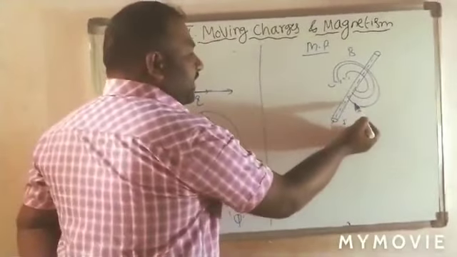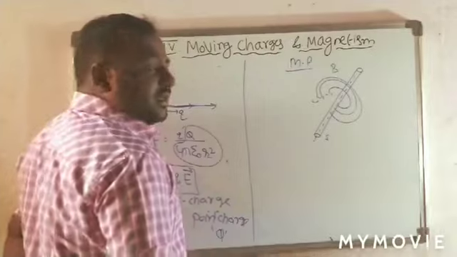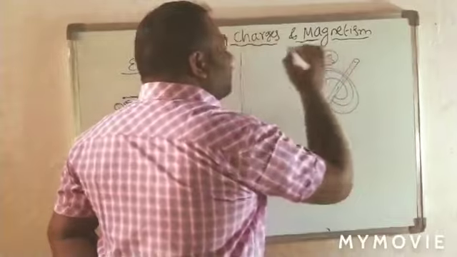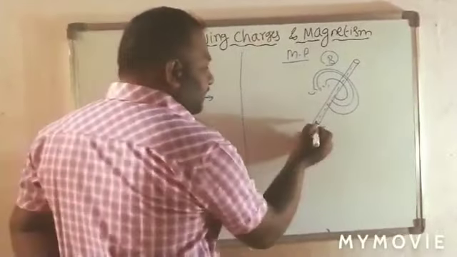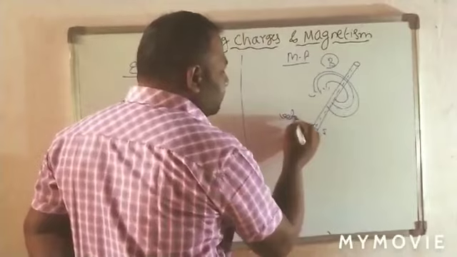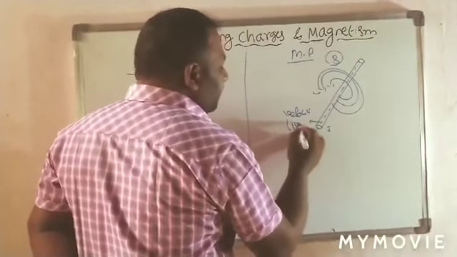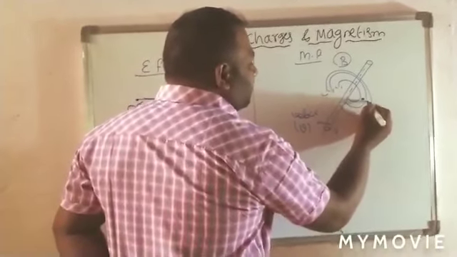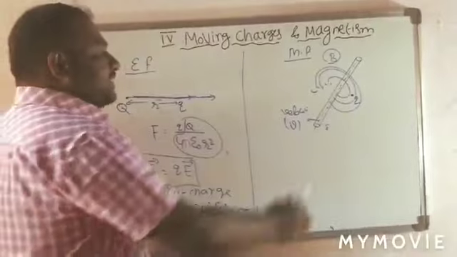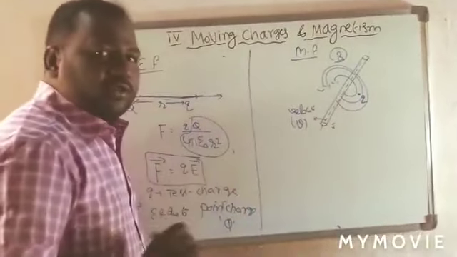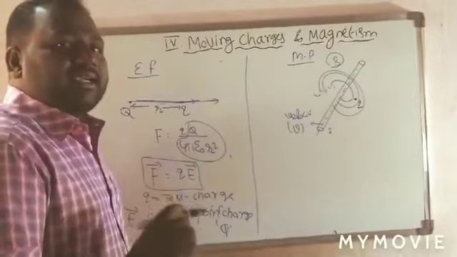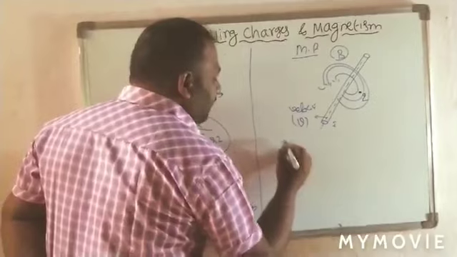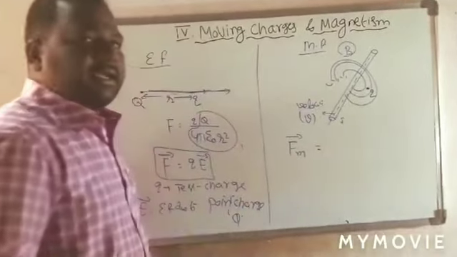Due to this moving charge, a magnetic field B is produced around this conductor, and the velocity of the moving charge is V, and we place a small test charge q. Then this test charge will experience a force. That force is called the magnetic force. Here that force is indicated as Fm. Fm represents the magnetic force.